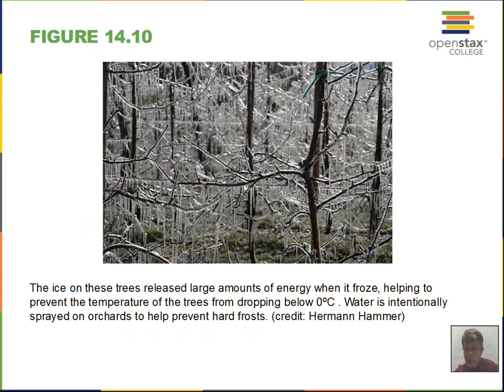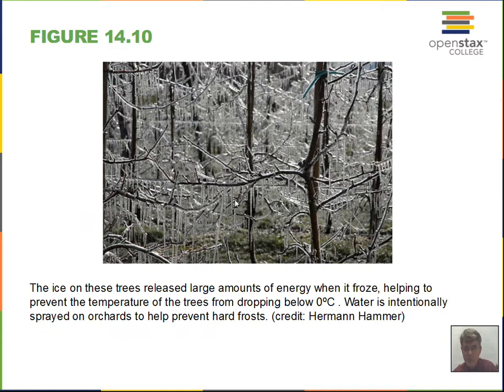We have to put energy into the system to go from solid to liquid, or put energy in to go from liquid to vapor. But when we're going the opposite direction, when vapor condenses into water, or the water condenses into ice, energy is released. So, as the graphic says here, it's a way of protecting the plants, to actually spray liquid water on them and let them receive the energy from the latent heat.